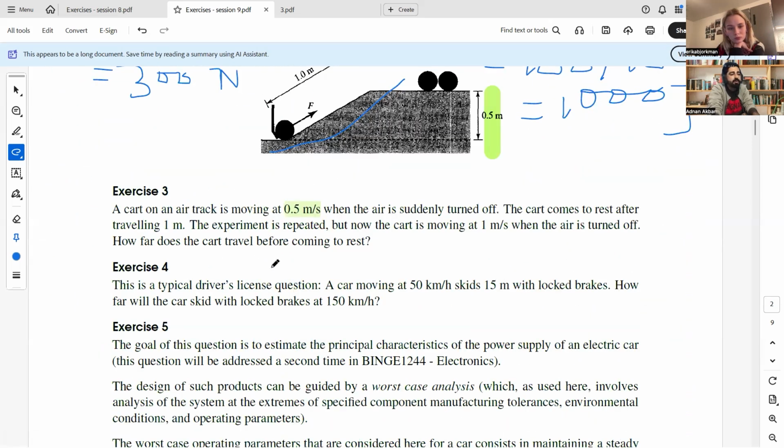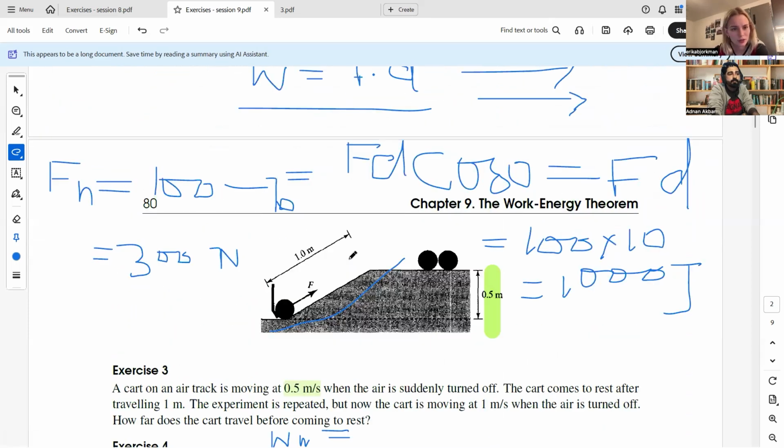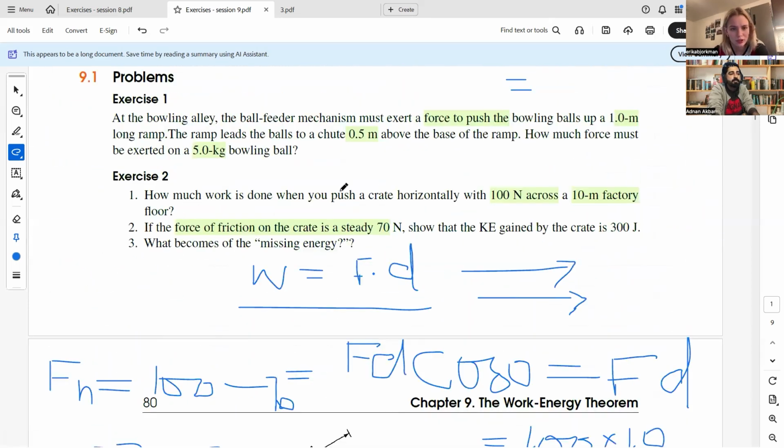As we know, the work energy theorem says work done is equal to the change in kinetic energy. Here you can see the applied force is 100 Newton in the first case, and in the second case he is saying that the force of friction is 70 Newton. You know the force of friction always opposes the direction of motion, so it is opposite to the applied force.